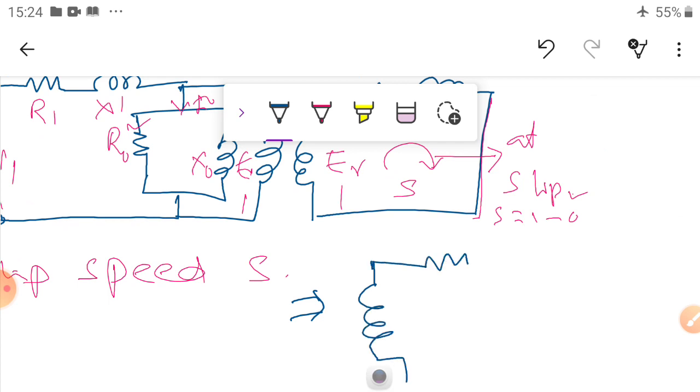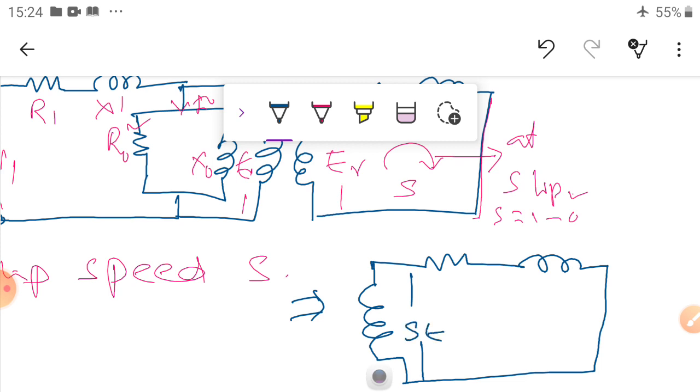This is equal, I can write it, this one, shorted. EMF induced is equal to S into E2, which is equal to R2, which is equal to S into X2, which is equal to I2. Why?